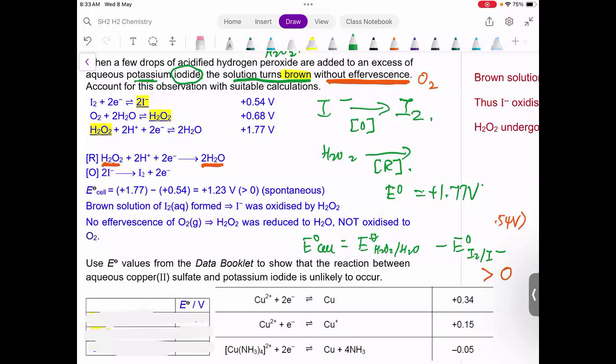But if there's more iodine, it will exist as a black precipitate, dark color. So the solution turns brown because of the iodine dissolved in it. The thinking process here is you must recognize that the coloration is due to your halogen, not due to hydrogen peroxide.